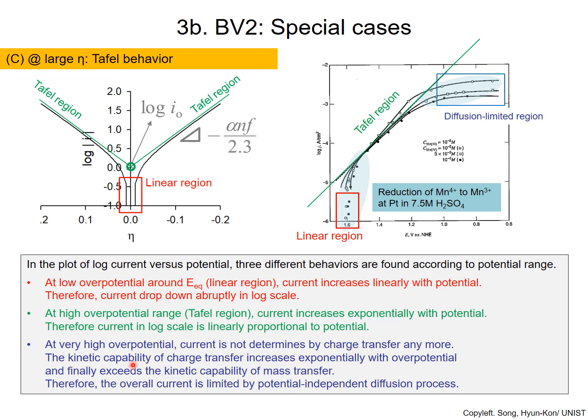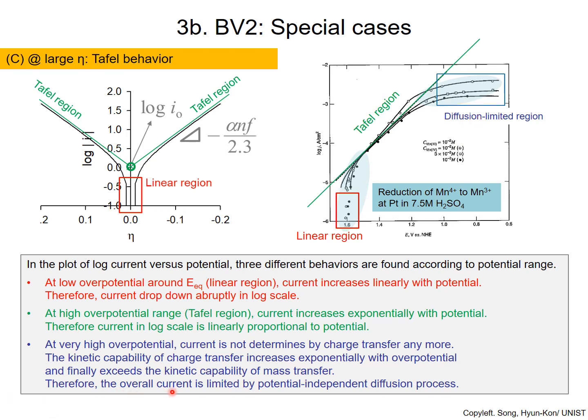The kinetic capability of charge transfer increases exponentially with overpotential and finally exceeds the kinetic capability of mass transfer. It means the charge transfer limited system up to the Tafel region is converted to the diffusion limited region.